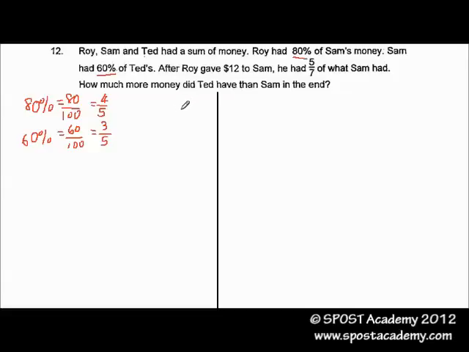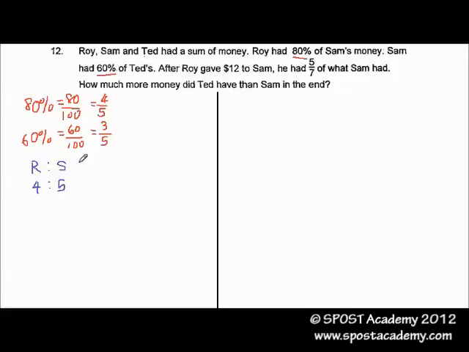According to the second sentence, it says that Roy had 80% of Sam's money. So this means that Roy is to Sam is equal to 4 is to 5. Now the other sentence says that Sam had 60% of Ted.